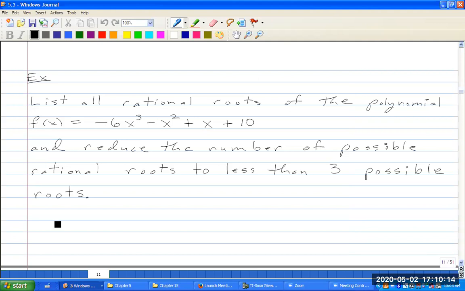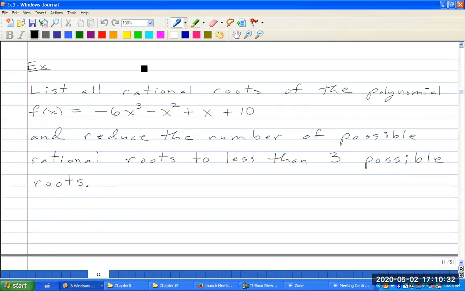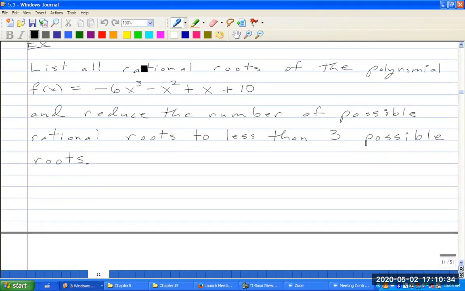So you have this huge list here of all possible rational roots of the polynomial. And let's try to solve this. In that process, I want to reduce the number of possible rational roots to at least less than 3 possibilities. Okay, so let's do this problem. First, let's try the rational root theorem.